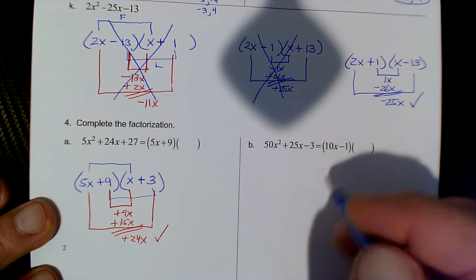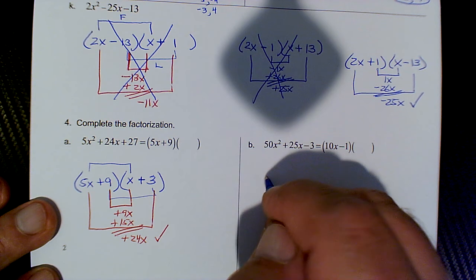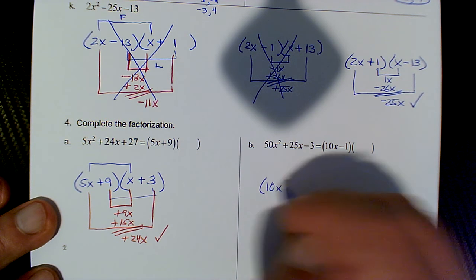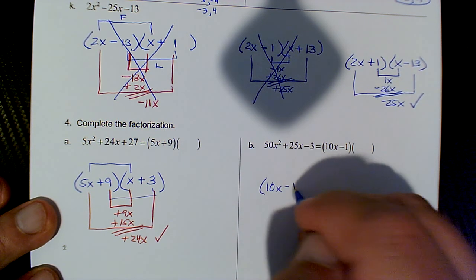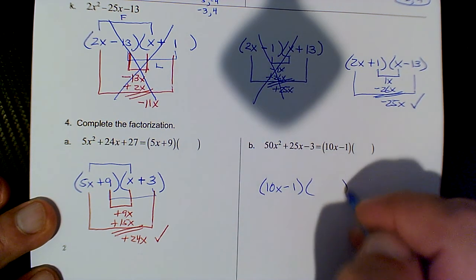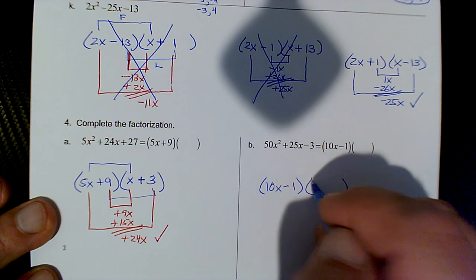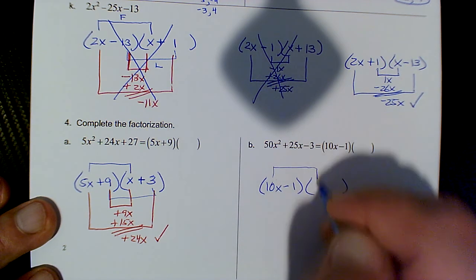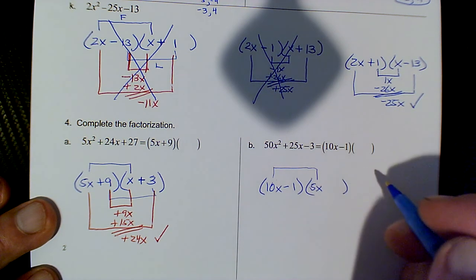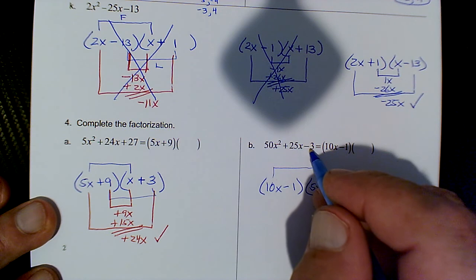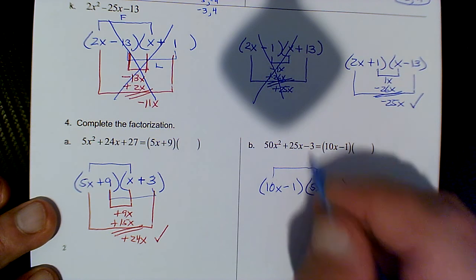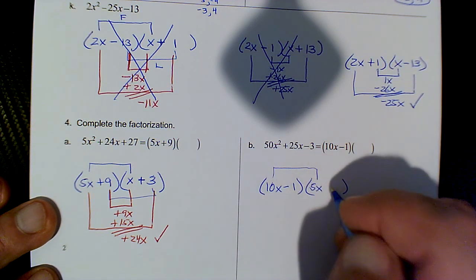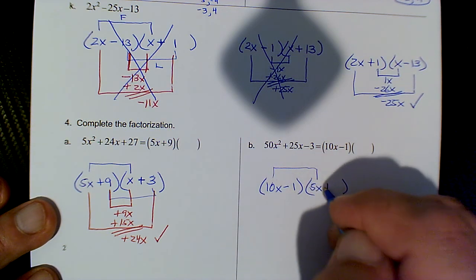Okay, so pretty much the same concept here. We're given 10x minus 1 is a factor, and to multiply the first to get 50x squared, we're going to need a 5x. Now we know that since the constant term is negative, this is a negative 1, so this has to be a positive.